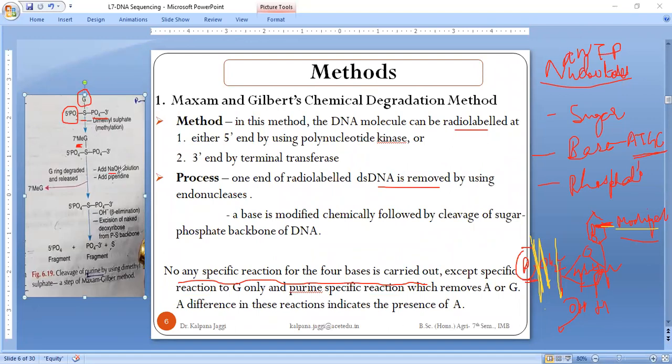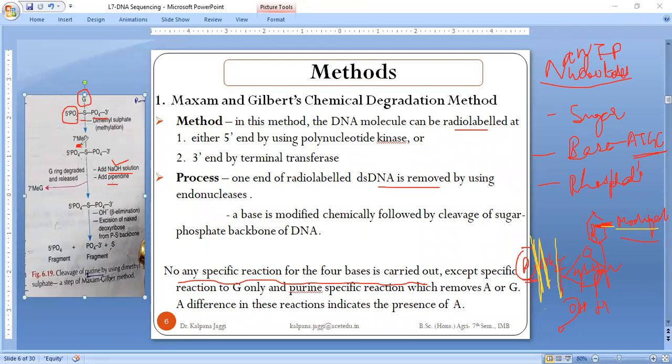Thereafter, we have treated it with the chemicals. Now see, this base modification is the result of chemical degradation, and so is the name of the methodology, the Maxam and Gilbert chemical degradation method, right? So once the base is modified, alkali treatment is given, that is sodium hydroxide, and later on piperidine is added, right?